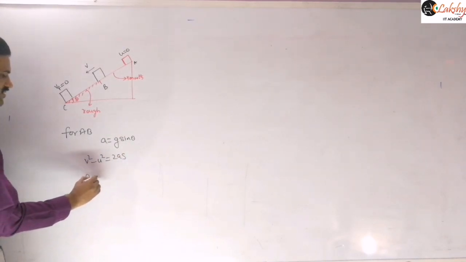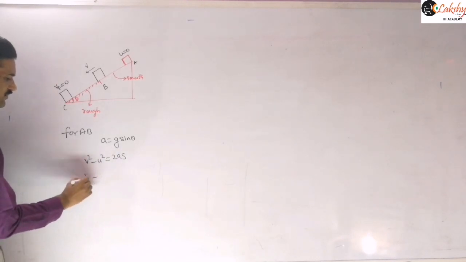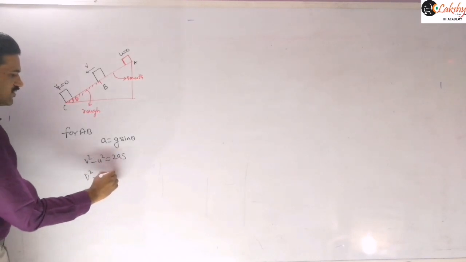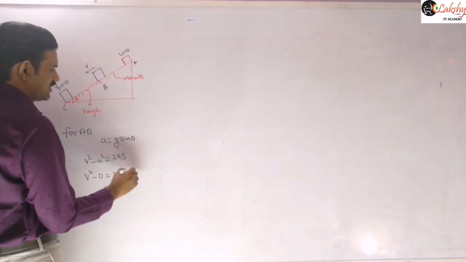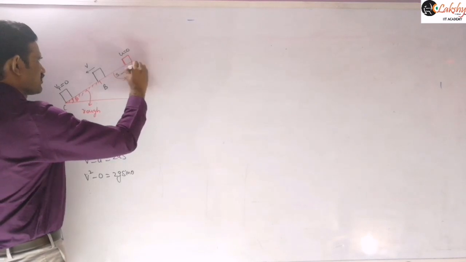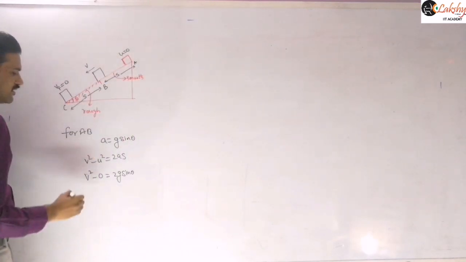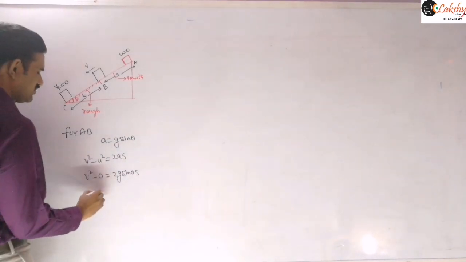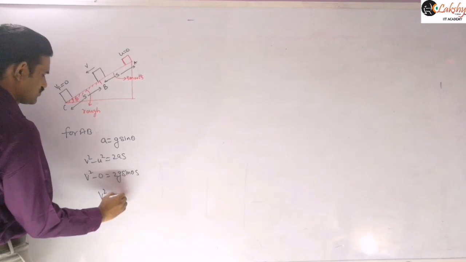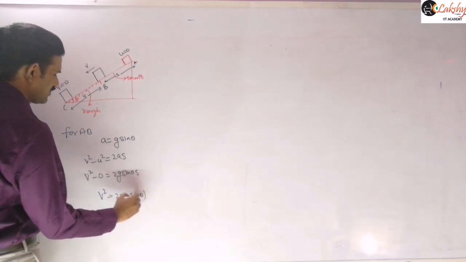So v square minus 0 is equal to 2g sin theta into s, taking the distance as s only. I am assuming half, so this distance is also s here. So v square is 2gs sin theta, right?